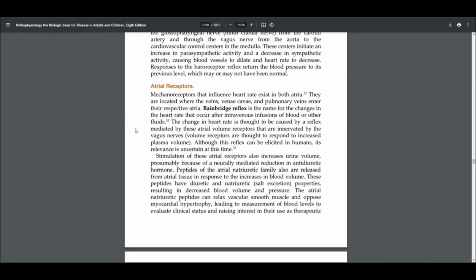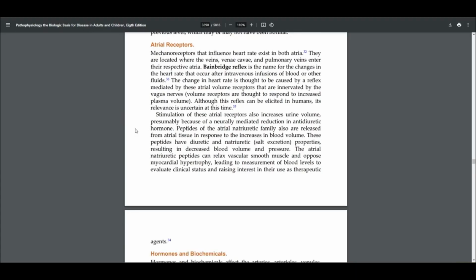The atrial receptors, mechanoreceptors that influence heart rate, exist in both atria. They are located where the vena cava and the pulmonary veins enter their respective atria. The Bainbridge reflex is the name of the changes in heart rate that occur after intravenous infusions of blood or other fluids.